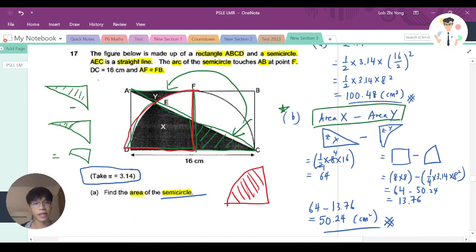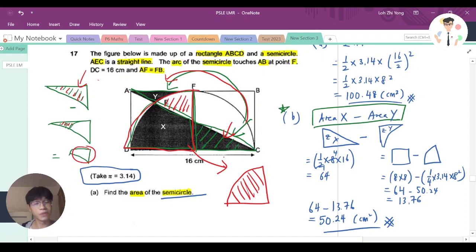Try to think of it. Again, this triangle is actually this triangle. I can move it here, and I want to find a difference, right? So I minus this Y, and I am left with this part, which is equal to this quarter.